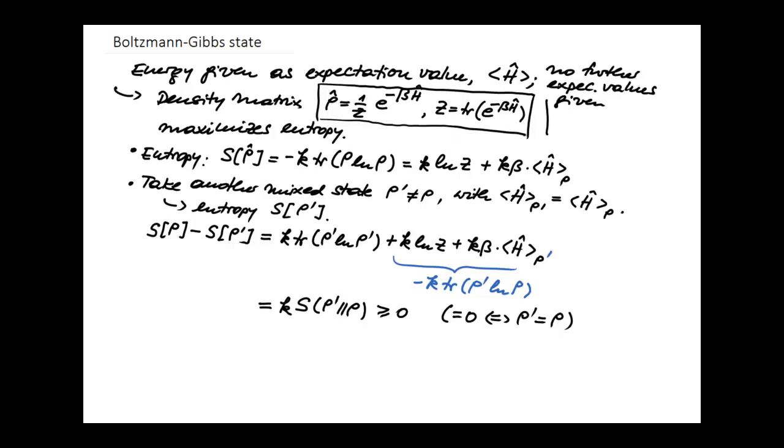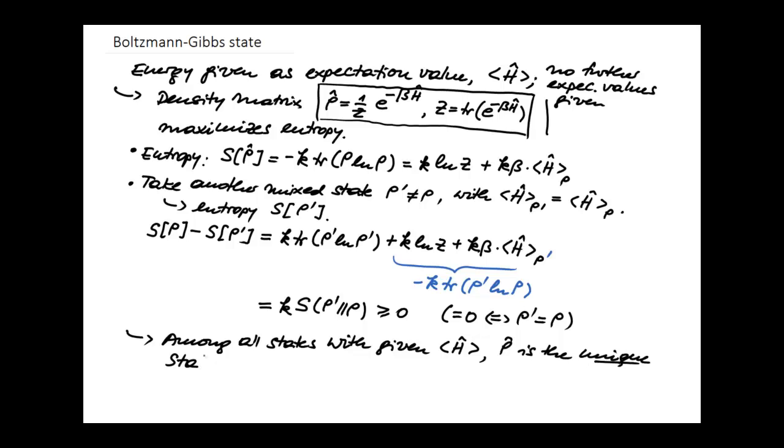So the conclusion is that among all states with a given expectation value for the energy, the rho above is the unique state that maximizes the entropy. This is why it is so important, and this is the state that we should use. This is our maximum entropy principle.